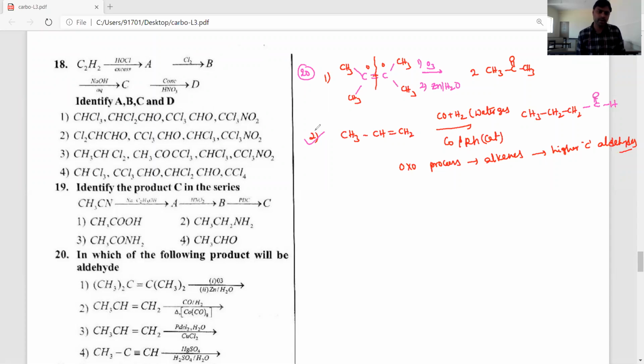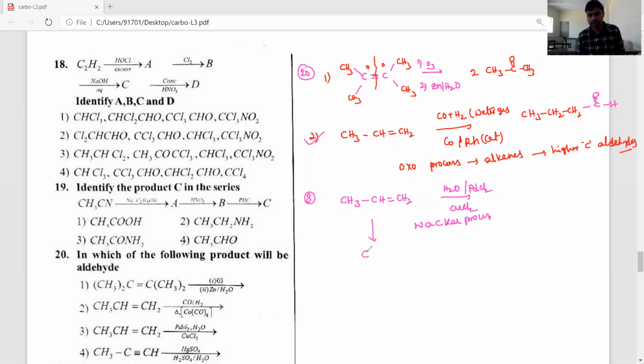Let's see why the third and fourth options are wrong. What are the products in the third and fourth options? That also we'll discuss. CH3-CH=CH2 reacts with water in the presence of palladium chloride and cuprous chloride, which is known as the Wacker process.